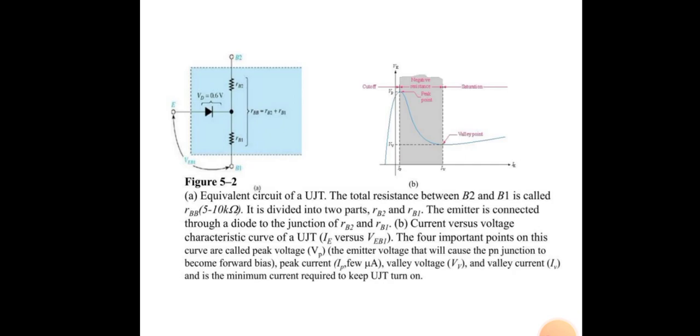After turn on of the UJT, it operates in a negative resistance region up to a certain value, as shown in the characteristics curve. As can be seen, after the peak point, VE decreases as IE continues to increase, thus producing the negative resistance characteristics. Negative resistance is a property of some electric circuits where an increase in the current entering a port results in a decreased voltage across the same port.